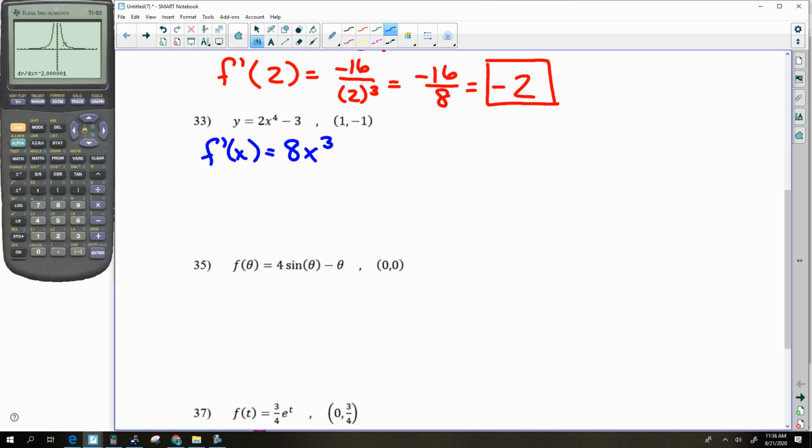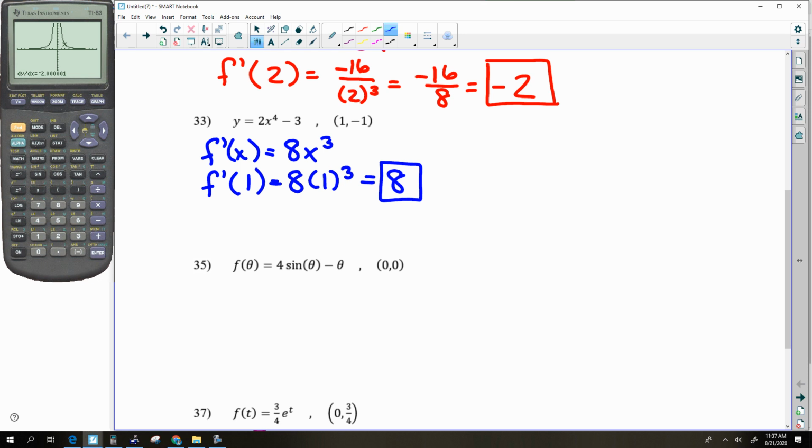You can add and subtract, so that 3 goes away. It's the derivative of a constant. We are going to find the slope when x is equal to 1, which I get from the point they provide. And so the slope should be 8.